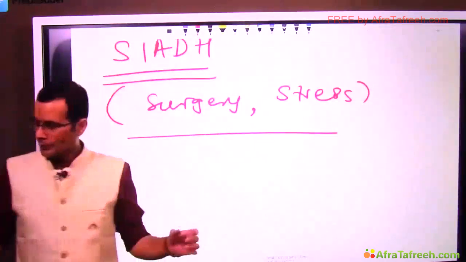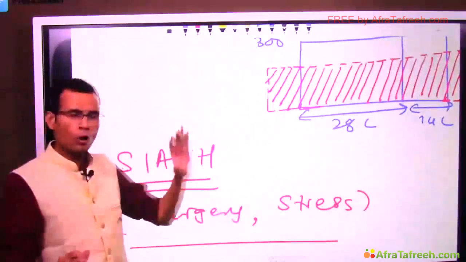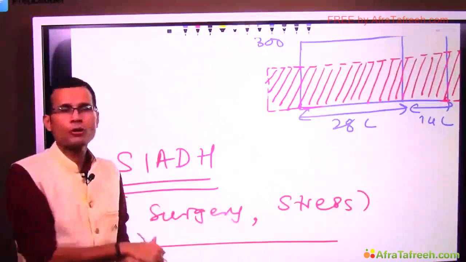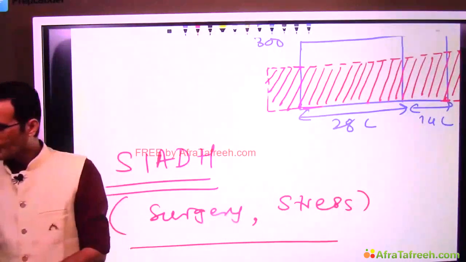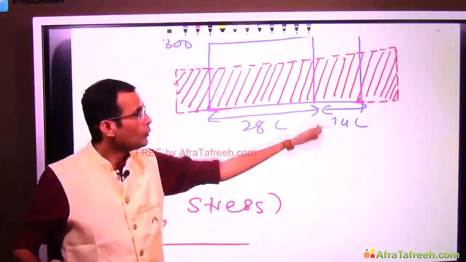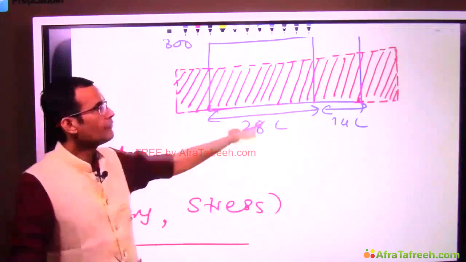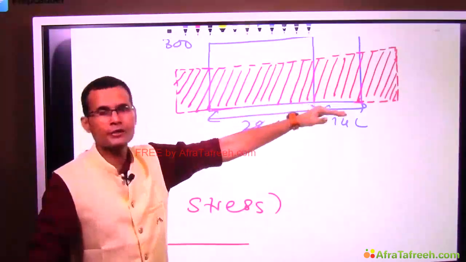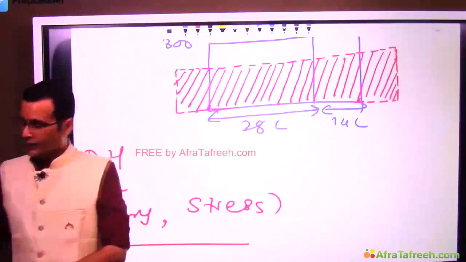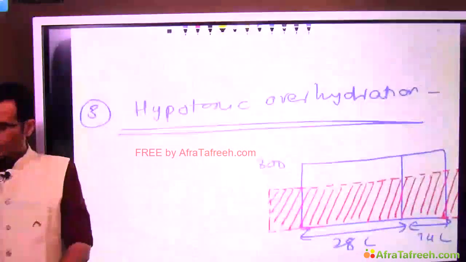Because plasma and ECF were already normotonic and ADH is causing further water retention, what will happen? The volume of the ECF will increase, and now excess water in the ECF means the ECF will become hypotonic. Excessive water has been gained. So that's the inappropriate ADH, and hypotonic overhydration.